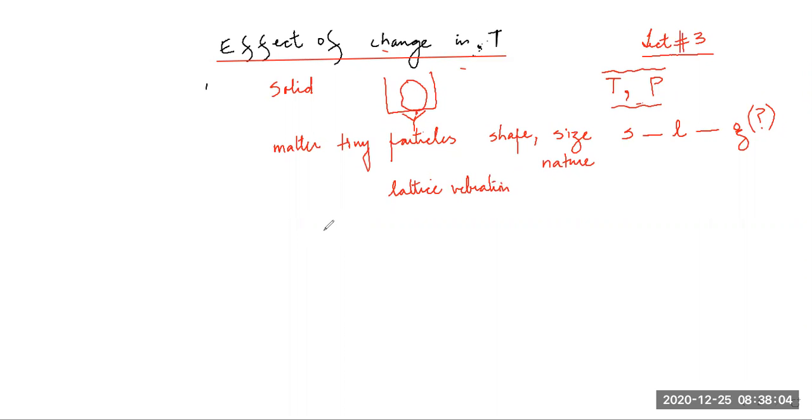in every matter, in every solid especially, the particles are arranged in a particular fashion. They are not randomly arranged. They may be arranged like this. We have also seen the case of graphite and diamond, how millions and trillions of carbon particles are arranged in a particular fashion in graphite and in a different fashion in diamond.